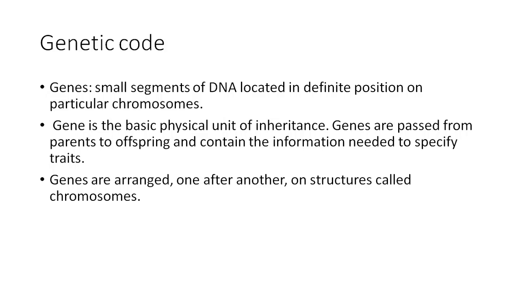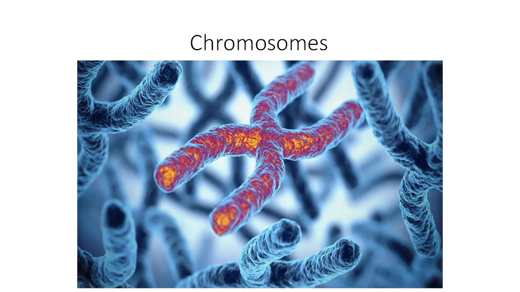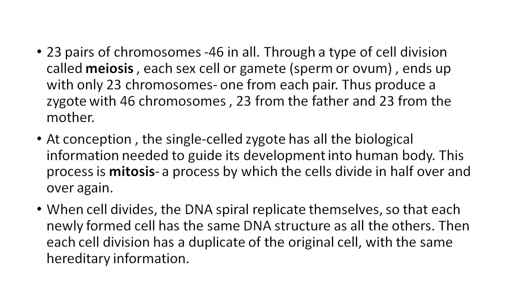A typical gene contains thousands of base pairs. The complete sequence of genes in the human body constitutes the human genome. The genome specifies the order in which genes are expressed or activated.